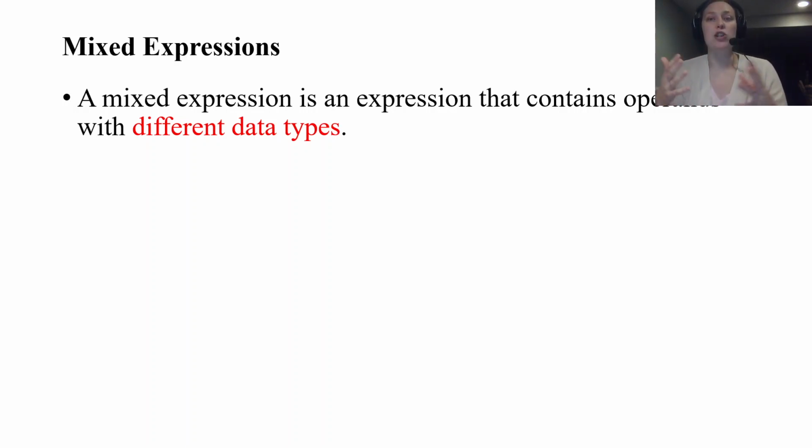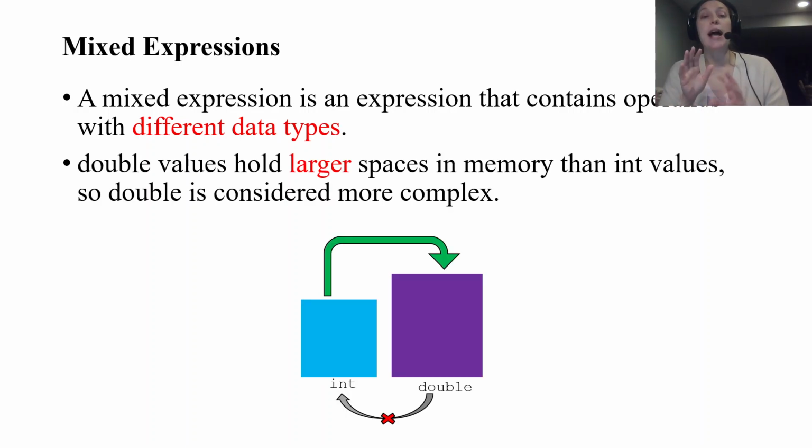So a mixed expression has operators, like the plus, minus, divide, multiplication, with different data types, like doubles and ints. Remember that doubles hold larger spaces in memory than int values. So a double in Java is considered more complex because it is larger.